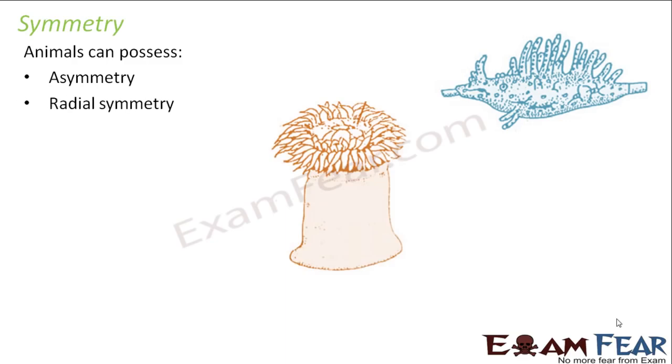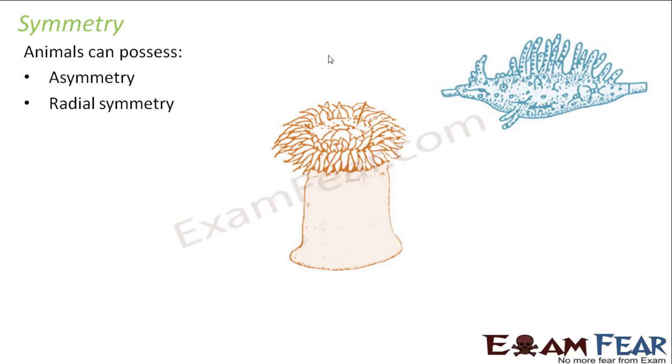Next is radial symmetry. When I say radial symmetry, that means the object will get divided into equal parts only when you cut that object along a plane passing through the central axis of the body. For example, if you talk of circular objects, if this is an animal, this is sea anemone.